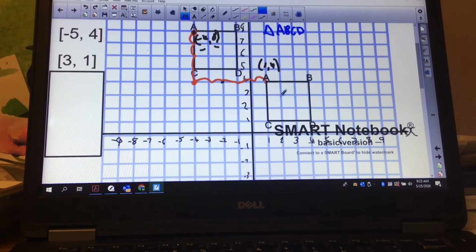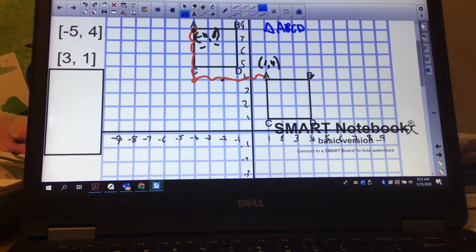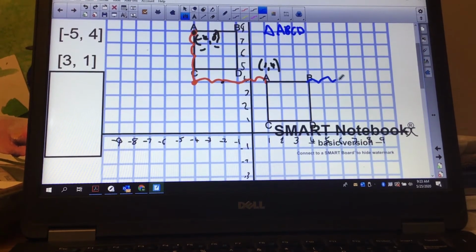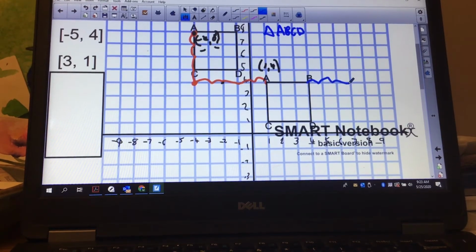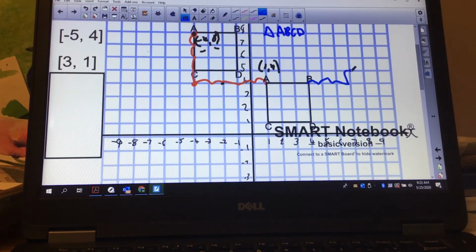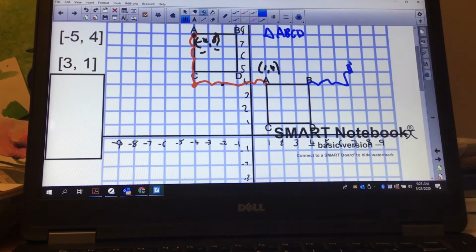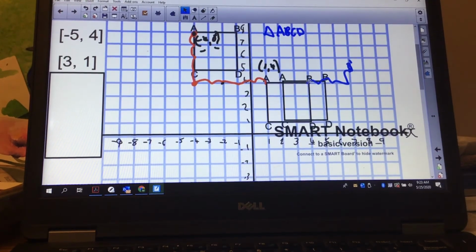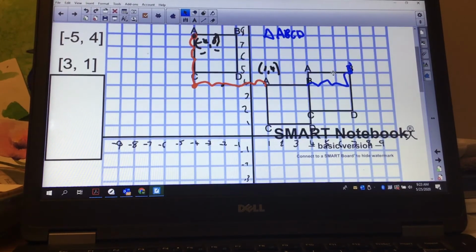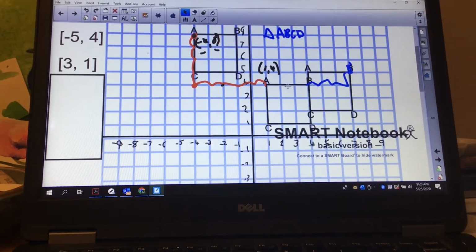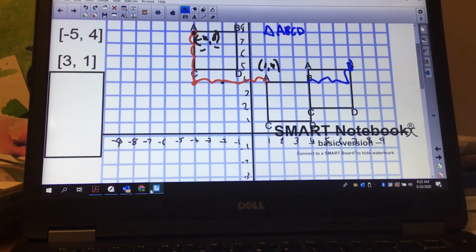I don't want to move through the middle of my shape. So point B, I'm going to move 1, 2, 3, and then it's +1 as well. So I go up 1. So my new image of B is going to be right there. And then I can do the same thing with all the points, or I can take a look at how my shape is constructed and reconstruct it just like that.